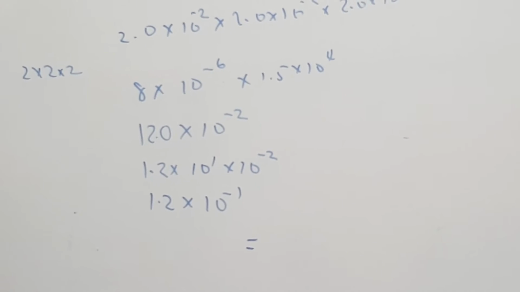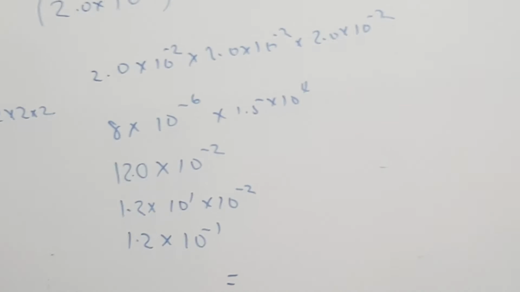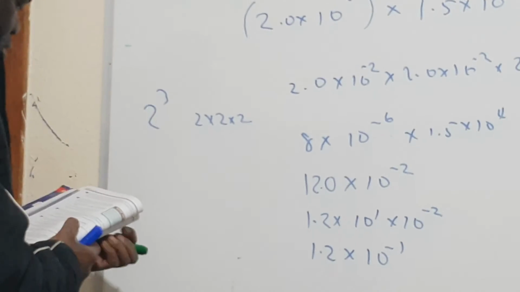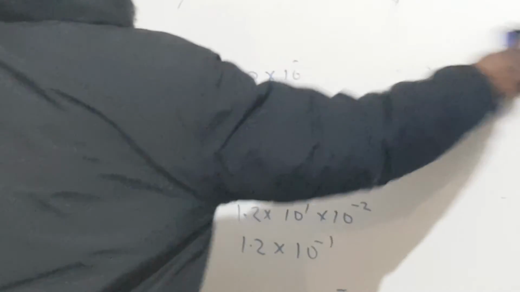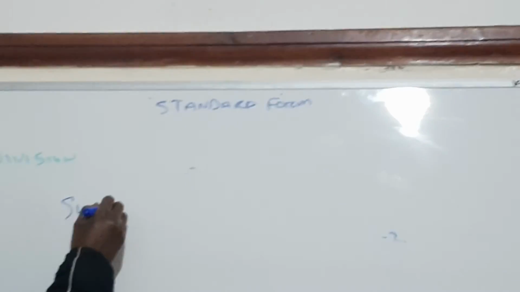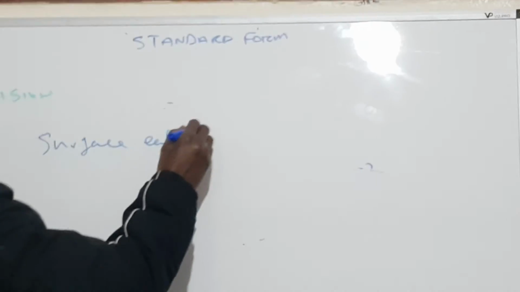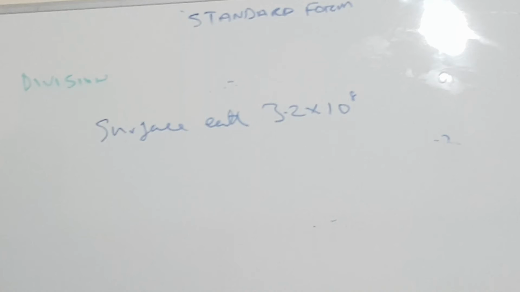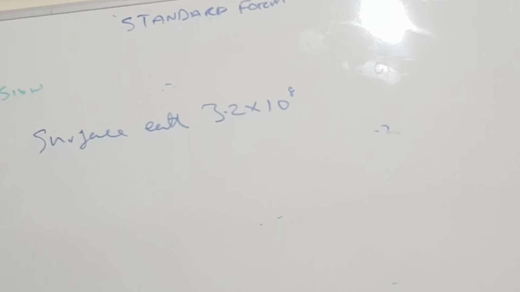Now look at this. The surface of the earth, the area of the earth is 3.2 times 10 to the power 8 square kilometers.